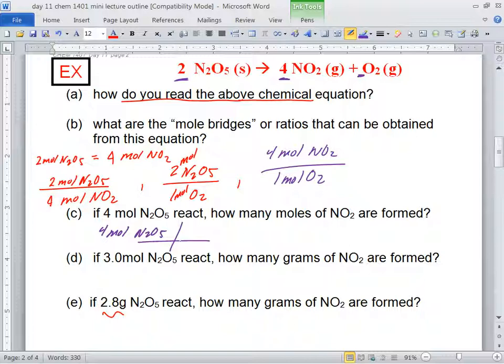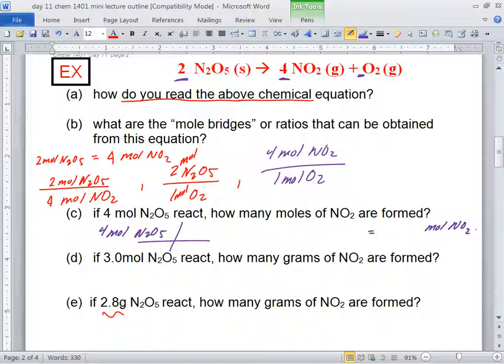4 moles of dinitrogen pentoxide react. I have to convert that all the way to moles of NO2. So I need to pick the right mole bridge. What mole bridge would I pick, Kendall? The 2 moles of the dinitrogen over the 4 moles, we flip it.